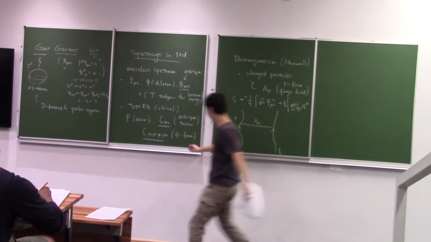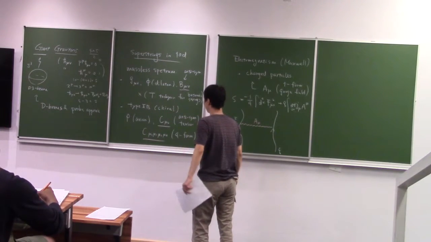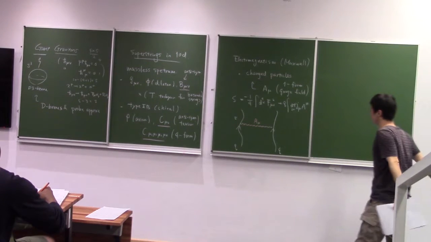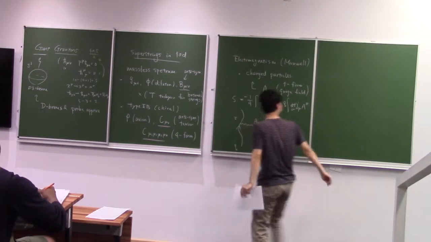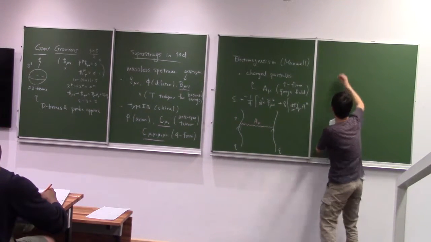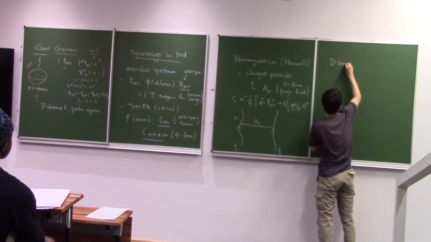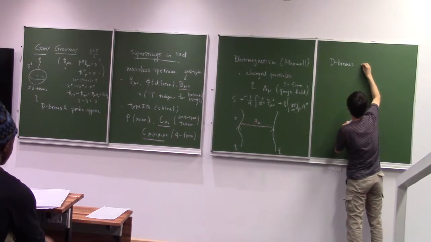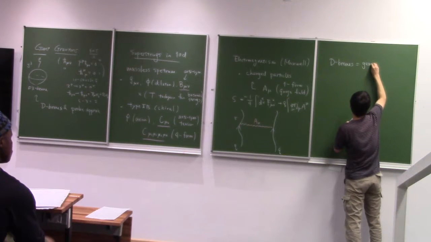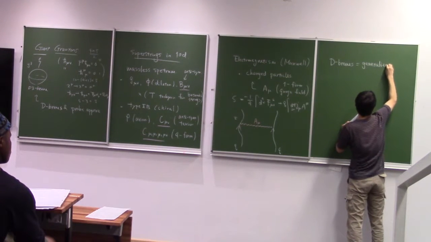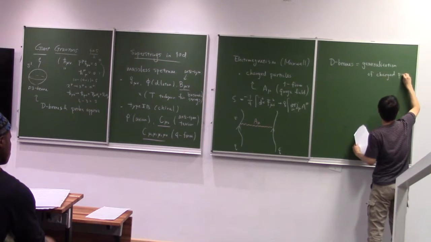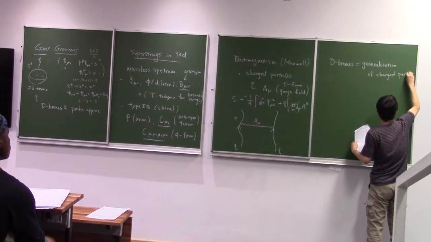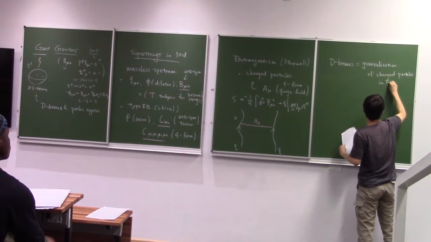And the D-branes are relevant in this specific context, because there could be different kinds of D-branes, but in this context, D-branes are a generalization of charged particles in electromagnetism.